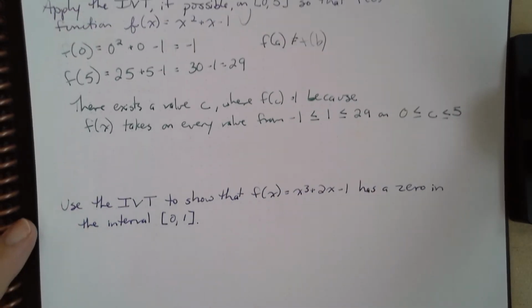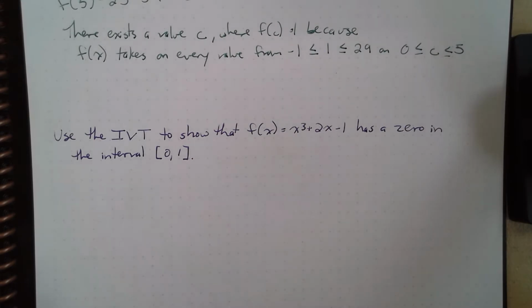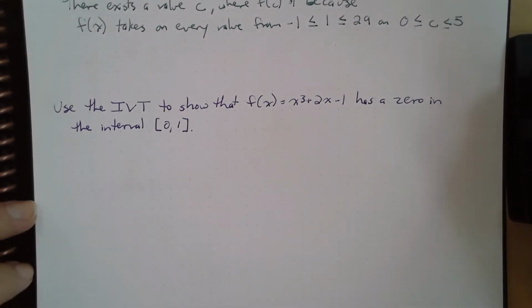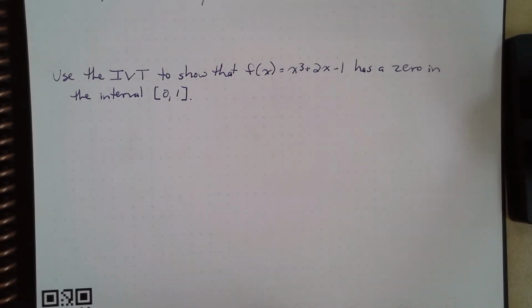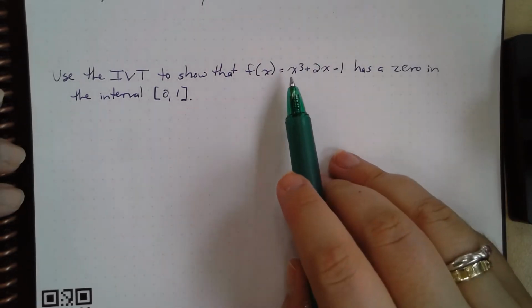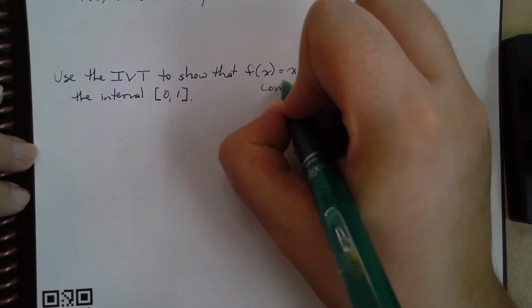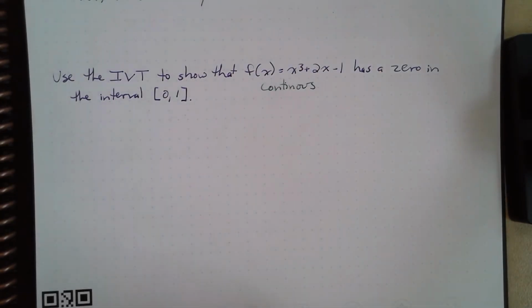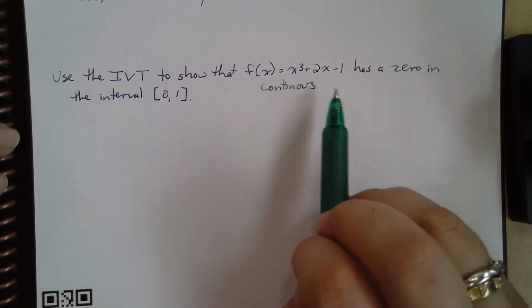All right, let's move on to our second example here. We want to use the intermediate value theorem to show that f of x is equal to x cubed plus 2x minus 1 has a 0 in the interval 0 to 1. Well, first we have to say, is this continuous? Yes, this is continuous. That's our first most important thing. It's continuous everywhere. Next, we have to find, is f of a equal to f of b?